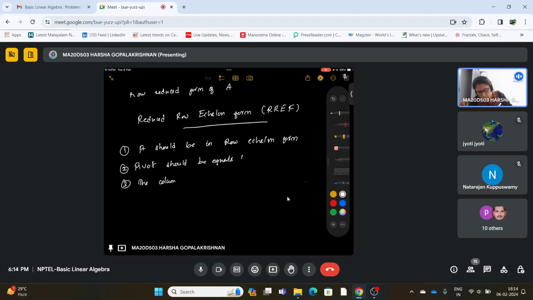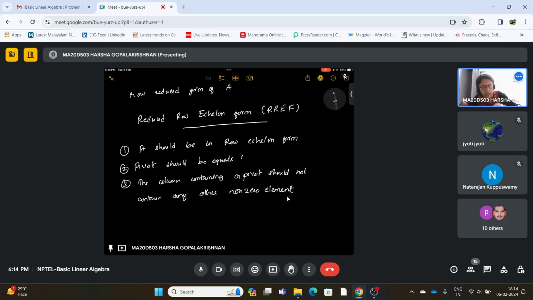The column containing a pivot should not contain any other non-zero element. That means the pivot is the only non-zero element in that column.